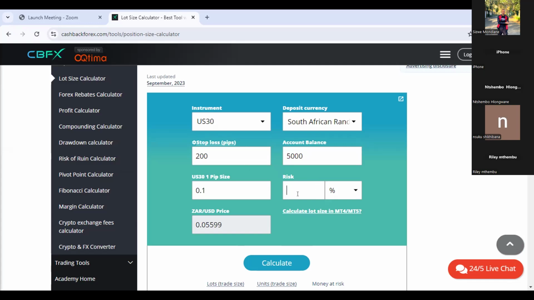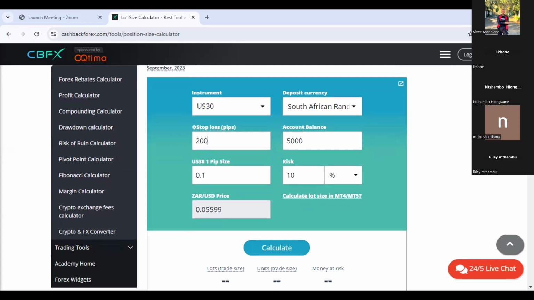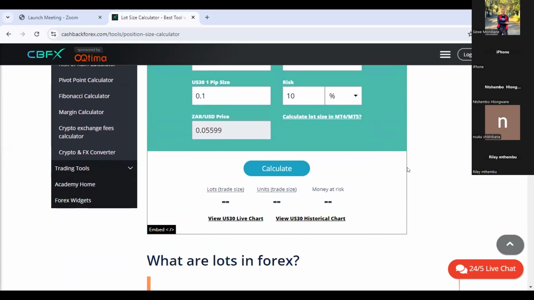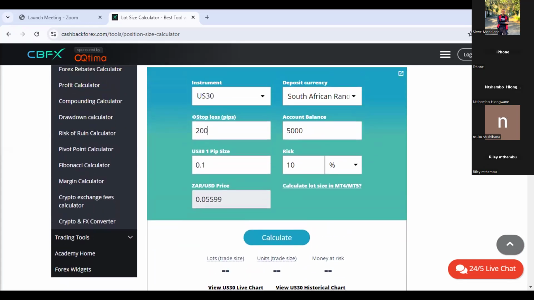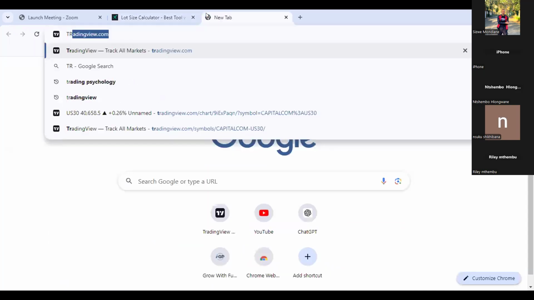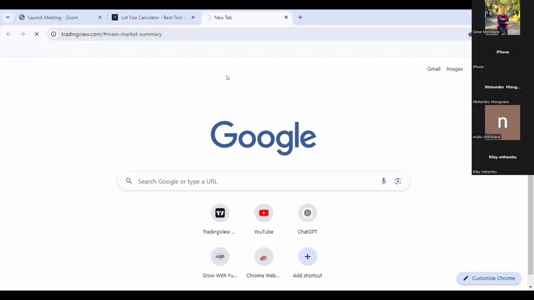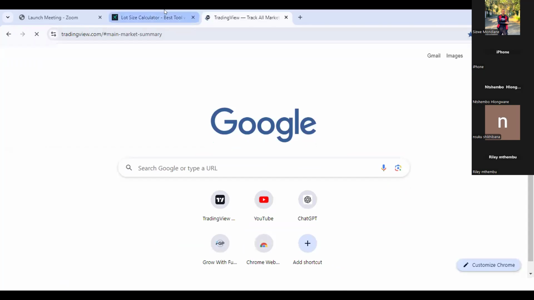And then your risk, let's just say you were risking 10% per trade. So if your stop loss was 200 pips, I'll try to also show it on TradingView, you can just open a random trade and then copy there so that people can understand more.